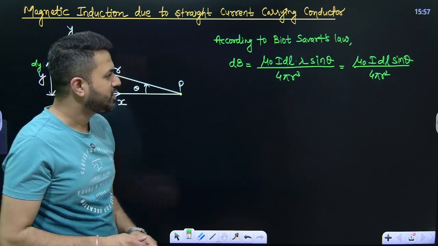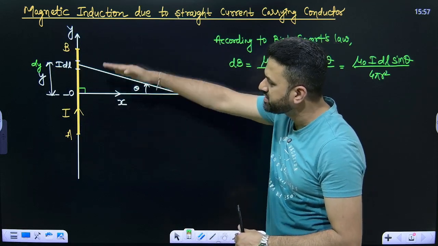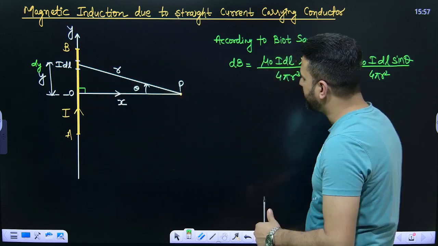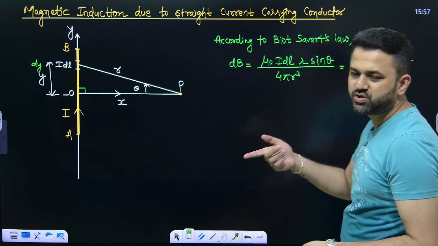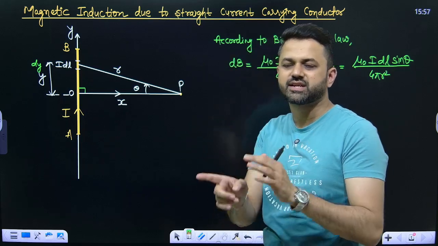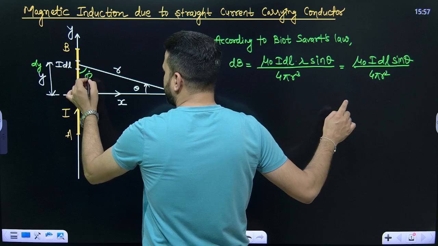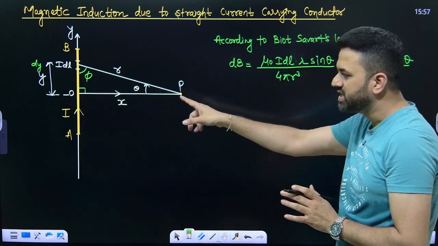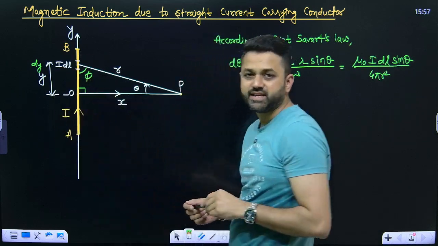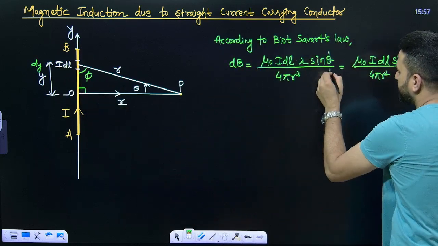Now, for the complete conductor we want to calculate the magnetic field, but we have an angle theta. In the formula, this is the angle between the current element and the line joining the conductor and the point of interest. But in this particular diagram, the angle between the current carrying conductor and the line joining is phi, so it should be phi.